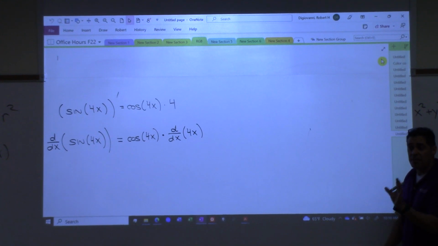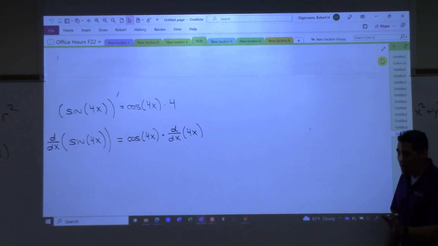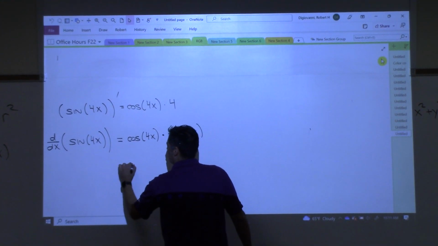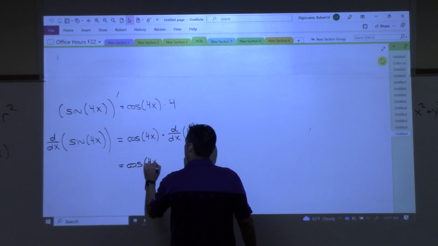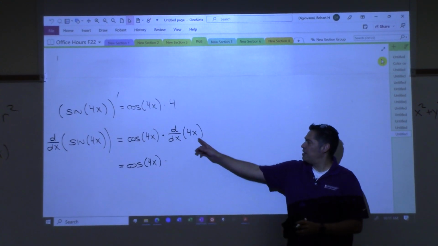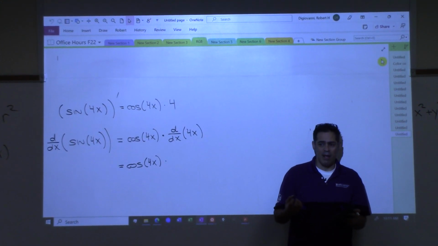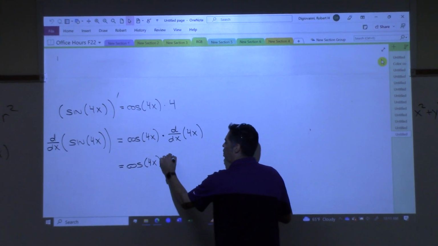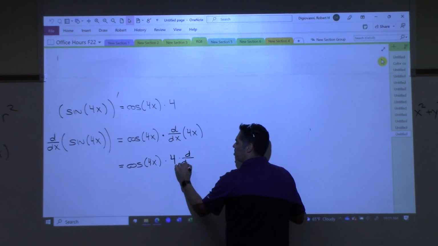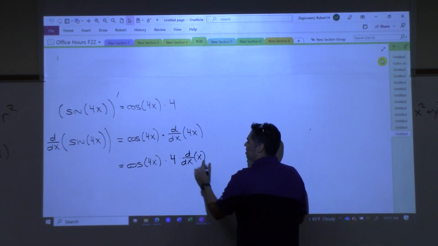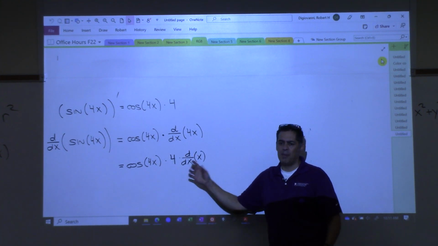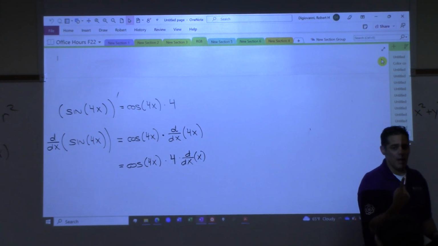Now, yes, the answer to that's going to be 4, but I want you to see why it's 4. Cosine of 4x times this right here. Remember when you have a constant attached to the function, the constant comes for the ride, right? So I'm just going to write 4 because it comes for the ride. Now I'm taking the derivative with respect to x of x. Does everyone see that this is basically dx over dx, which turns into 1?